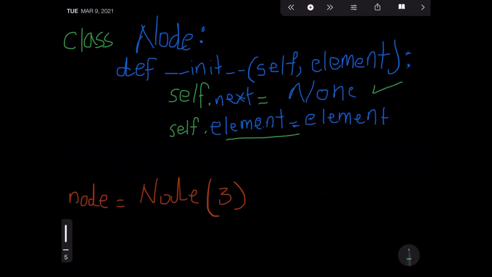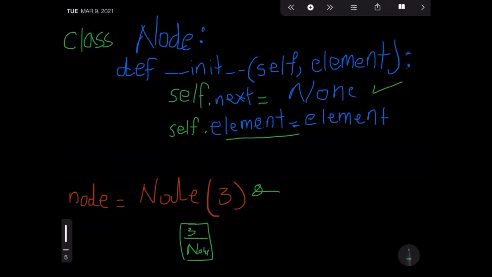Now, in Python, the way we allocate memory for the node is the following. We say node and we pass 3 to the init function, which gives us back a node that contains 3 and None.